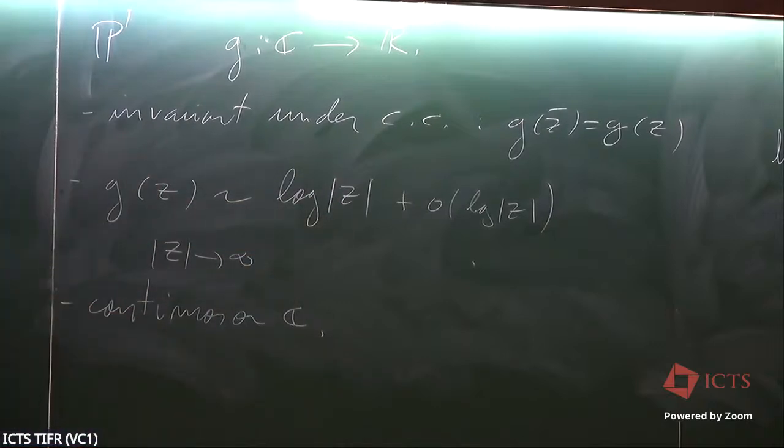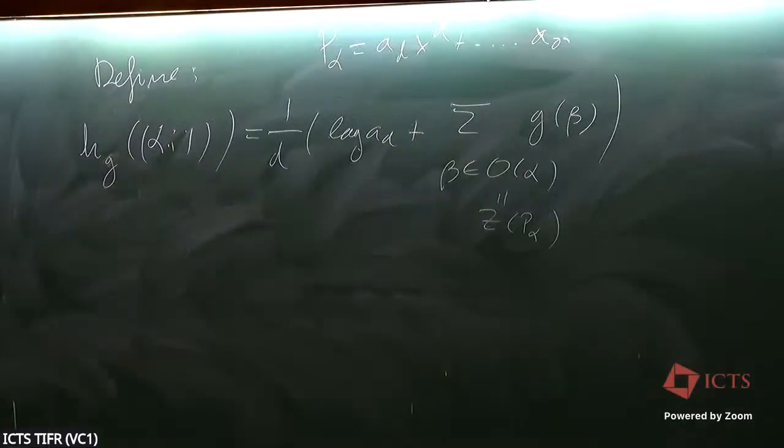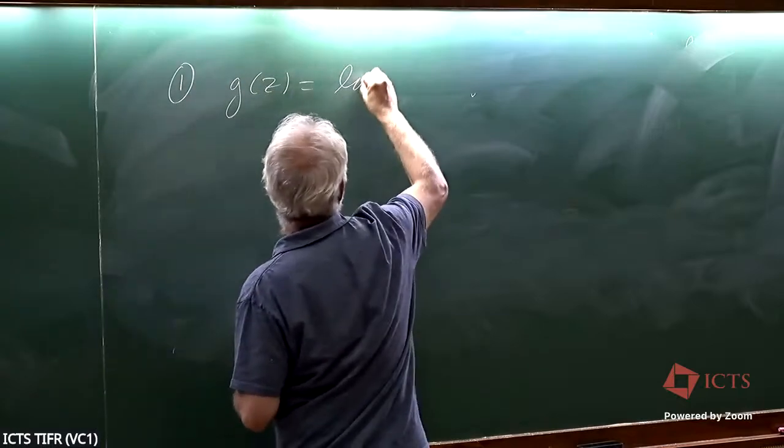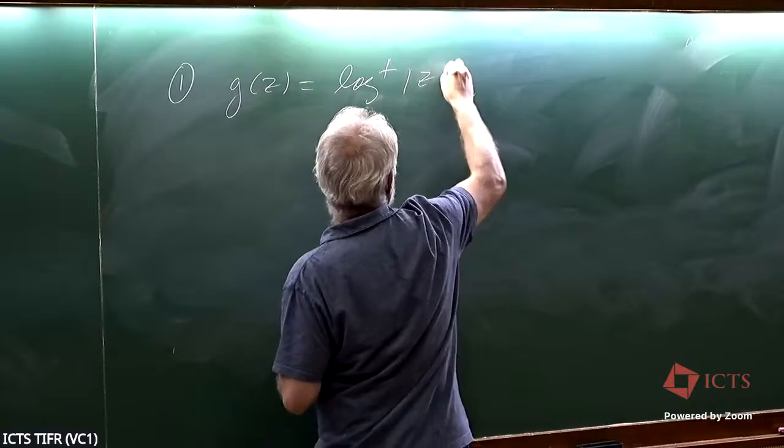Okay. Now we can think that this is a very restrictive condition, but let me give you several examples. So the first example is I can consider the function g of z to be just log plus of the absolute value of z.